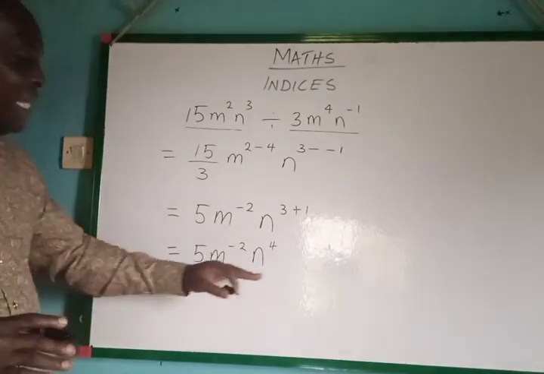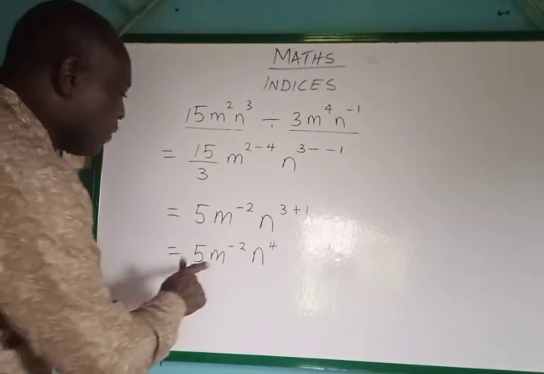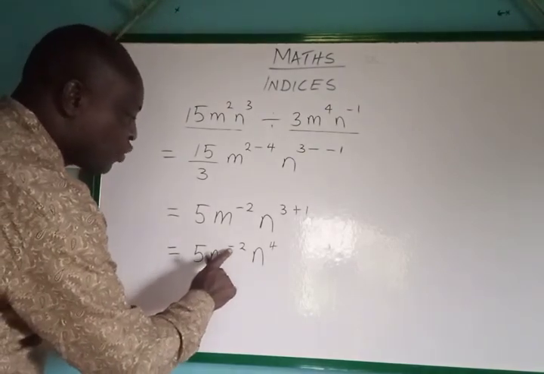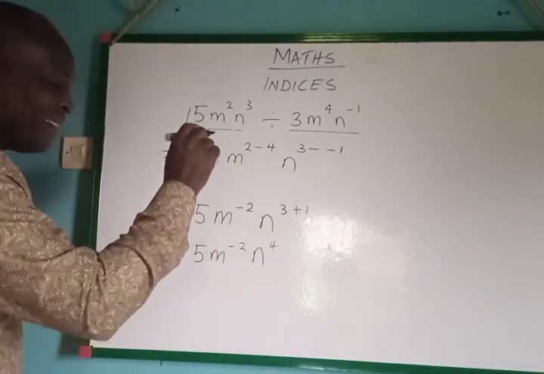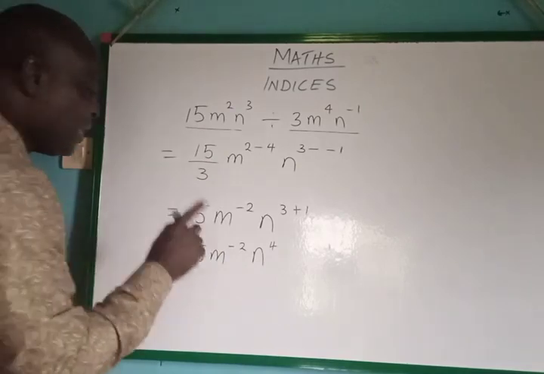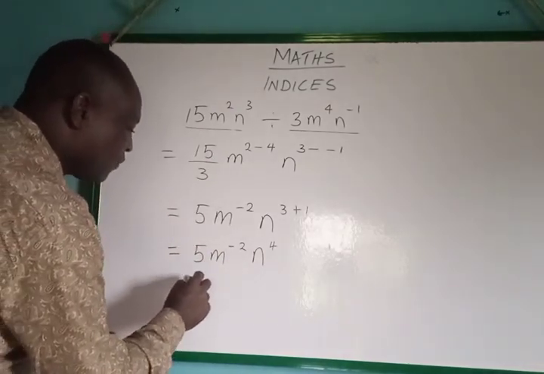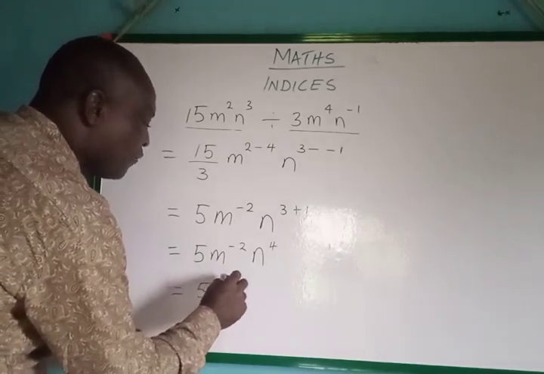So you can leave your answer like this, or if you want to express it further, you know that we said that when an unknown or an alphabet or a number is raised to a negative power, it means we are going to look for the reciprocal of it. Meaning, I can express this in another form by saying 5 n raised to the power 4.